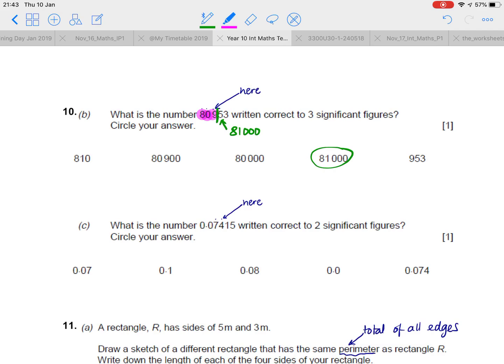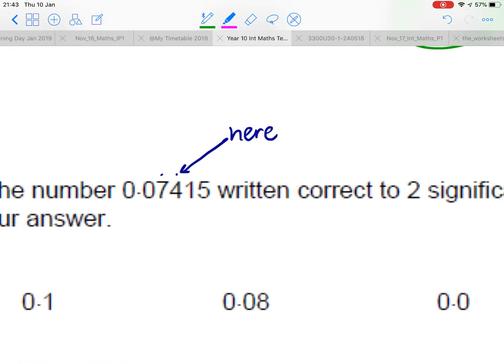In question C, I'm allowed 2 significant figures. These are both non-zero. First 2 significant figures non-zero after the decimal point. So my cutoff point here. The 1 this time isn't big enough to make me round up. So I stay with the 74.